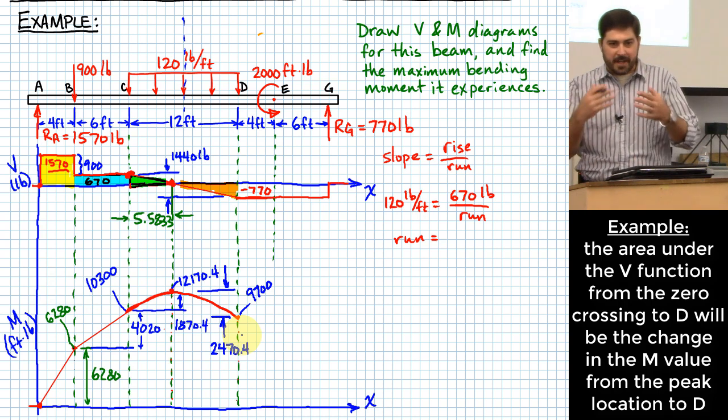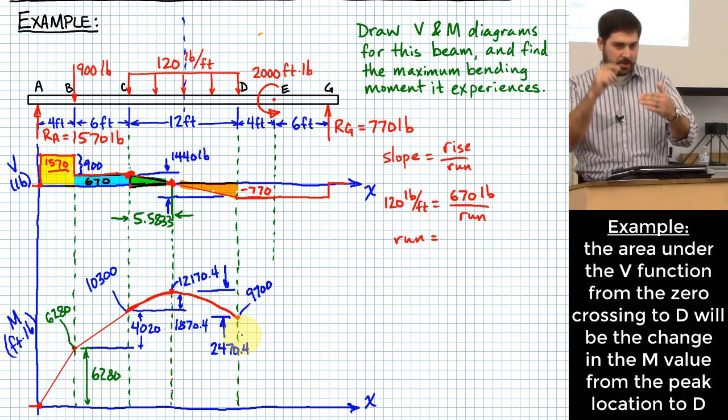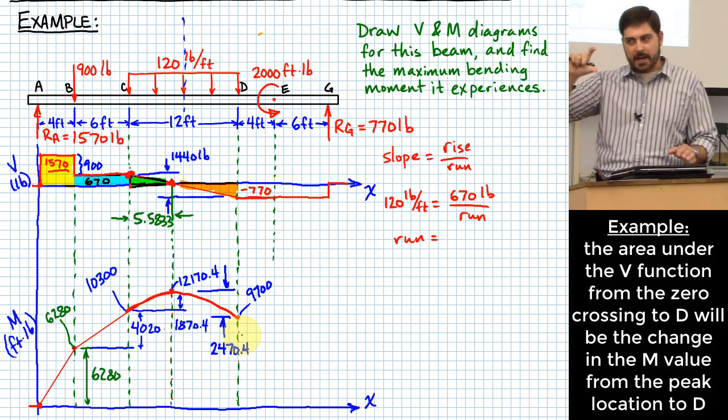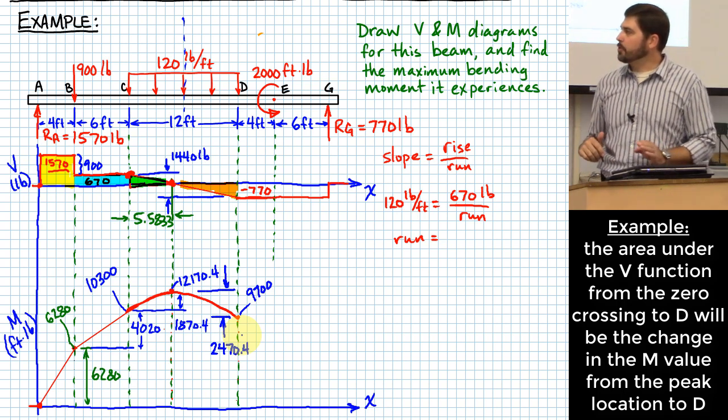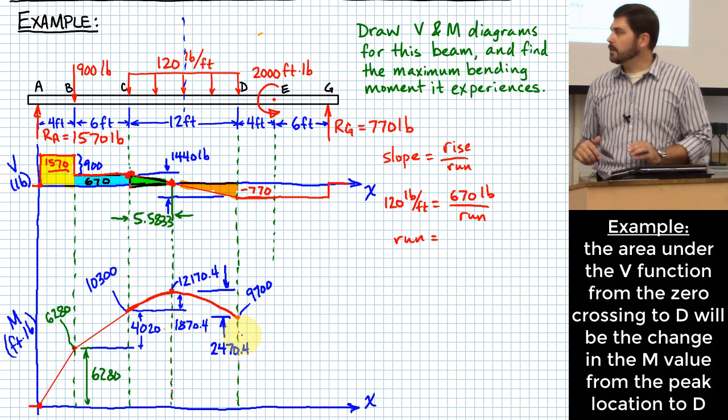I'm trying to document every little piece. I'm trying to show you we had this change that we added on to what we had before, and it gets us down to a new location. Then what?